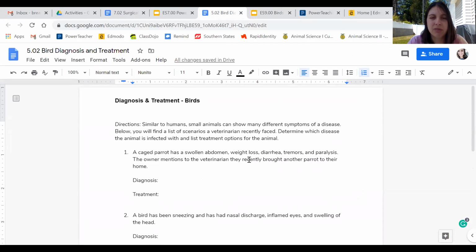Caged bird has a swollen abdomen, weight loss, diarrhea, tremors, paralysis. The owner mentions to the vet that they recently bought another bird into the home. Even though we didn't necessarily go into symptoms, the owner is concerned that the parrot they just brought into their home, that they probably didn't quarantine, has gotten their other bird sick.